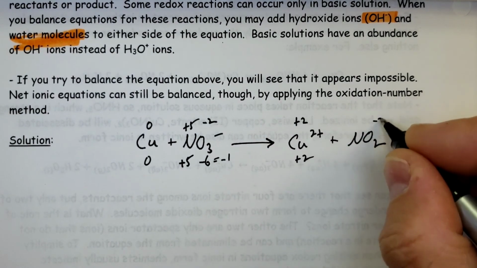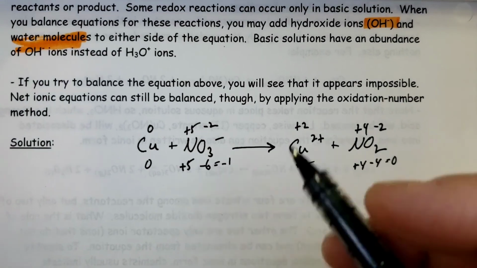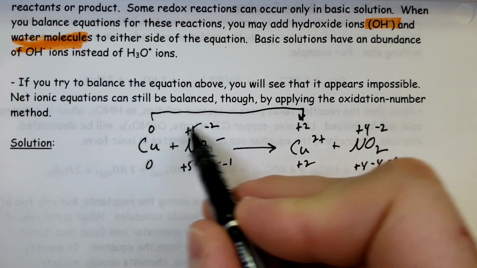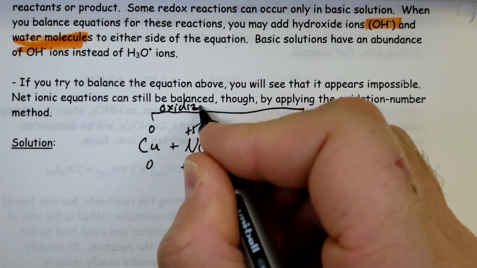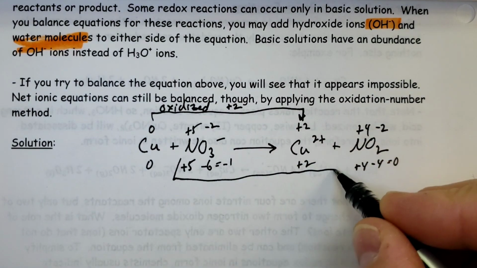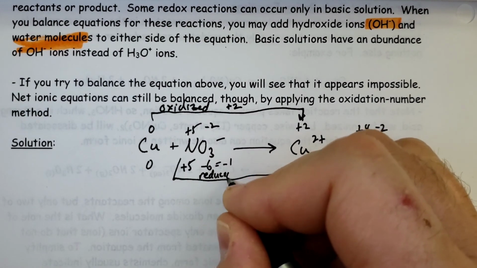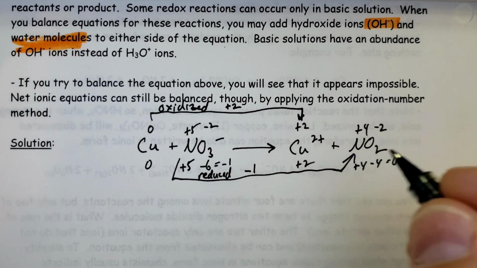So we know that, of course, copper went from here to here, which is 0 to +2, so that's oxidized. Lose electrons, oxidation. And at a change of +2, nitrogen went from +5 to +4, so we know that's reduced. And going from +5 to +4, that's a change of -1.